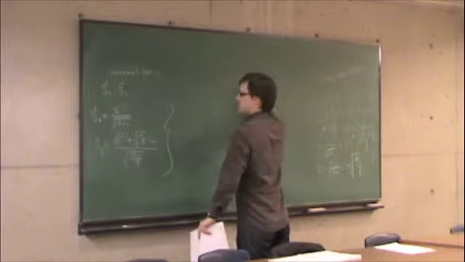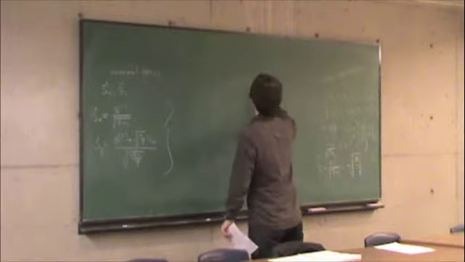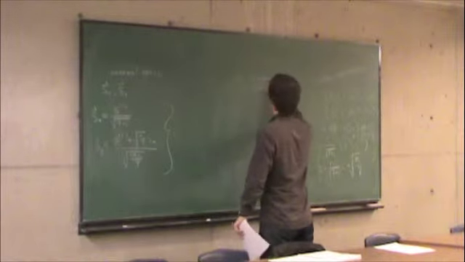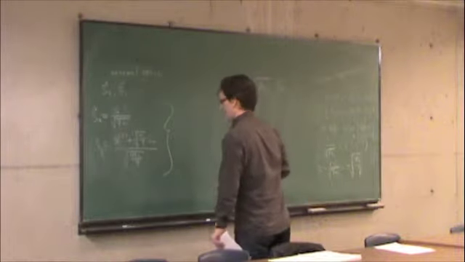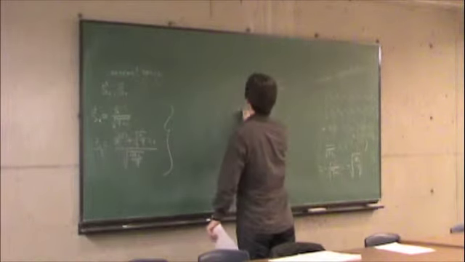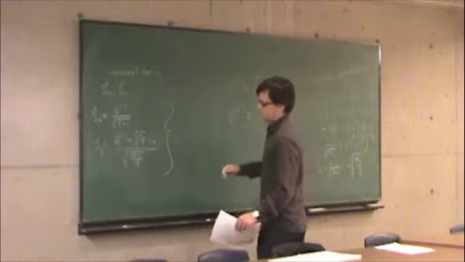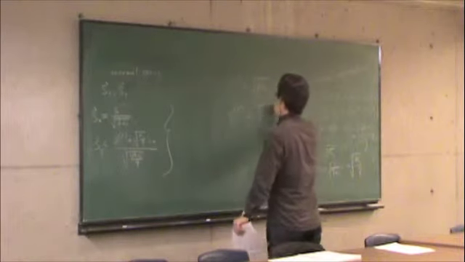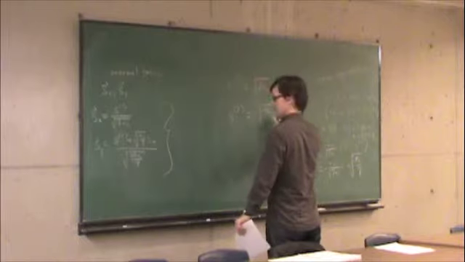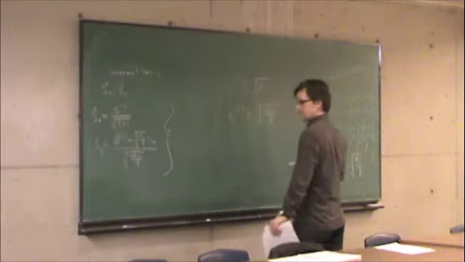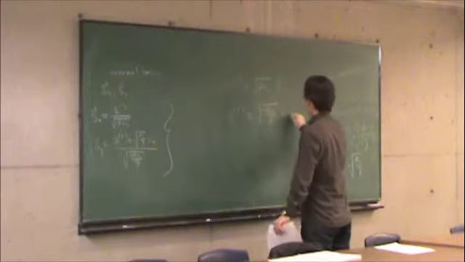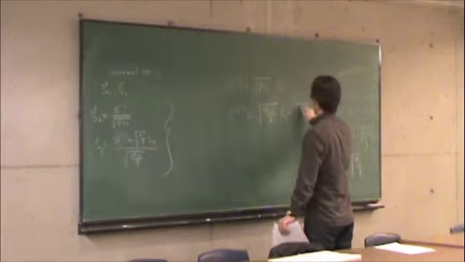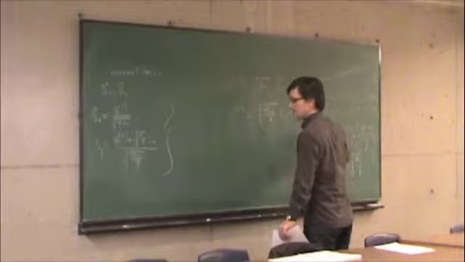So S1 is equal to root 7 NC times SX, and S2 is equal to root 48 NC over 7 times SY minus root NC over 7 SX.